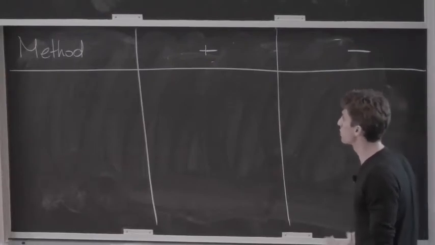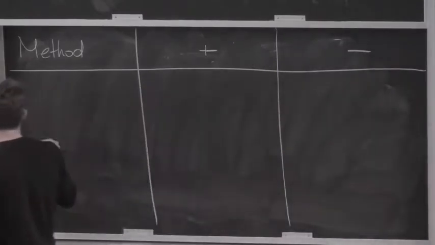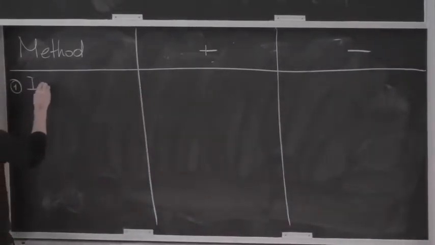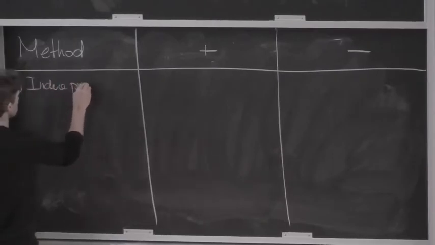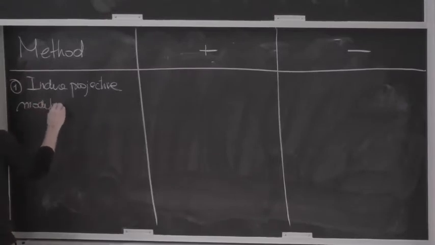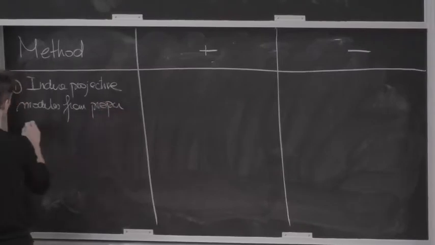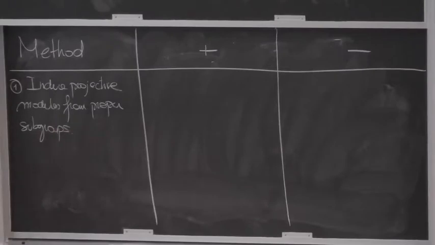One simple way to do it when you work with finite groups is to induce projective modules from proper subgroups. Especially if you start with an L-prime group, a group whose order is not divisible by L, then every representation is projective, so whatever you induce from that group will be projective.